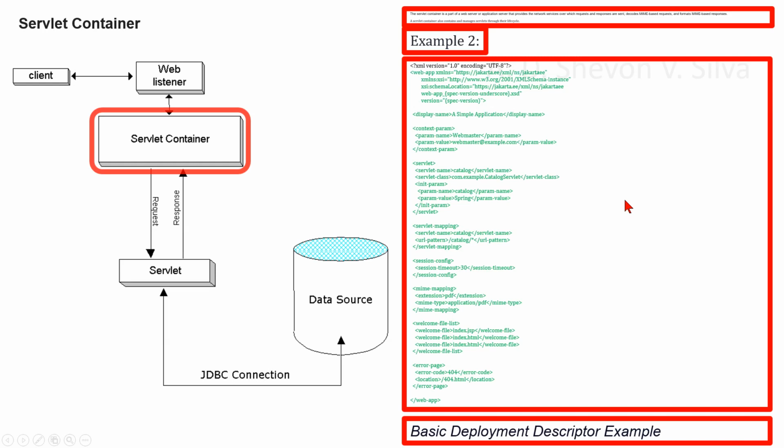Because of the restriction of XML schema, the multiplicity of elements distributable, session-config, welcome-file-list, jsp-config, login-config, and locale-encoding-mapping-list was changed from optional to 0 or more.